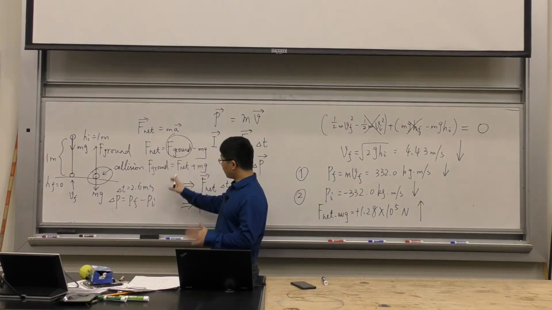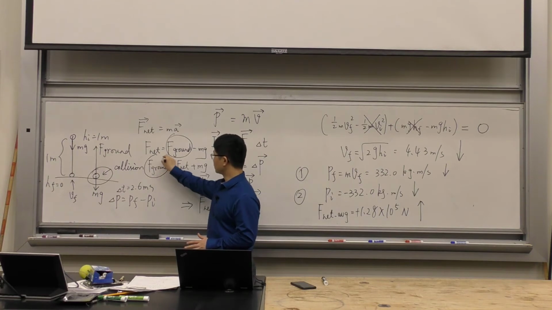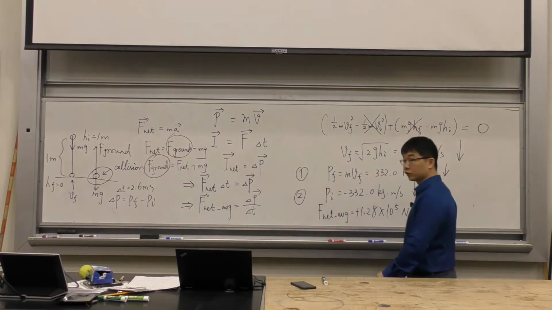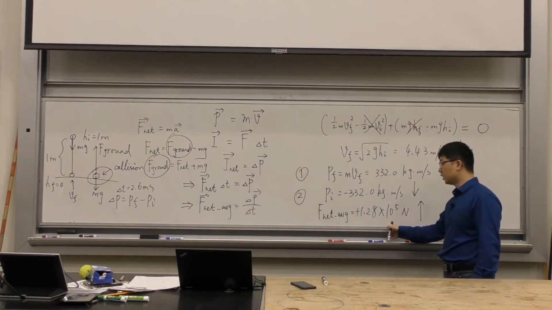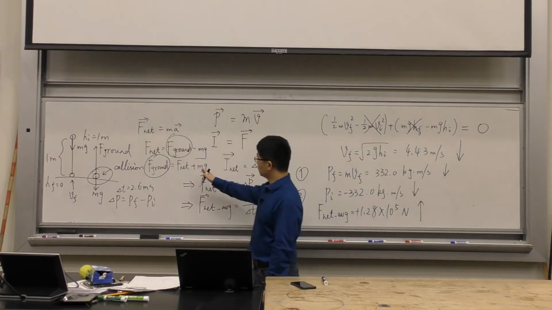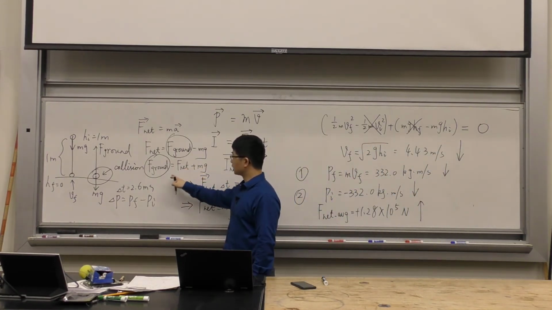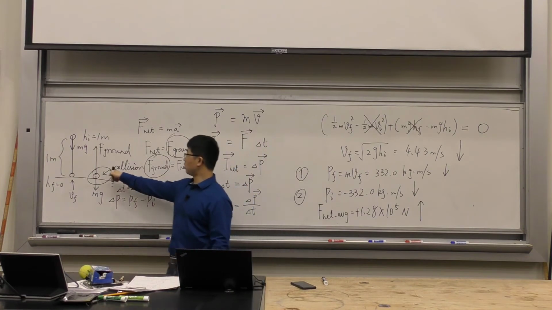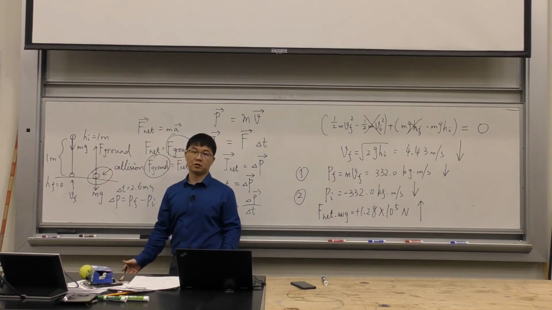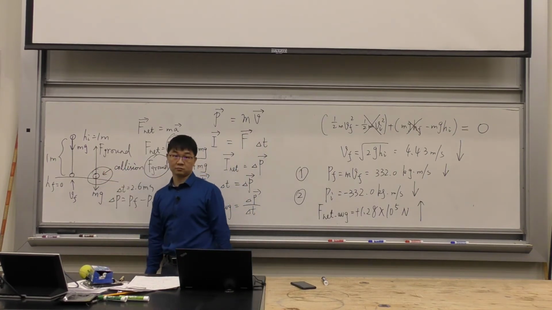So the problem says I want you to find this force, so there's one more step you should finish after this. You should do net force plus gravity is going to be equal to the force from the ground, because of this free body diagram. I'm not making things up.